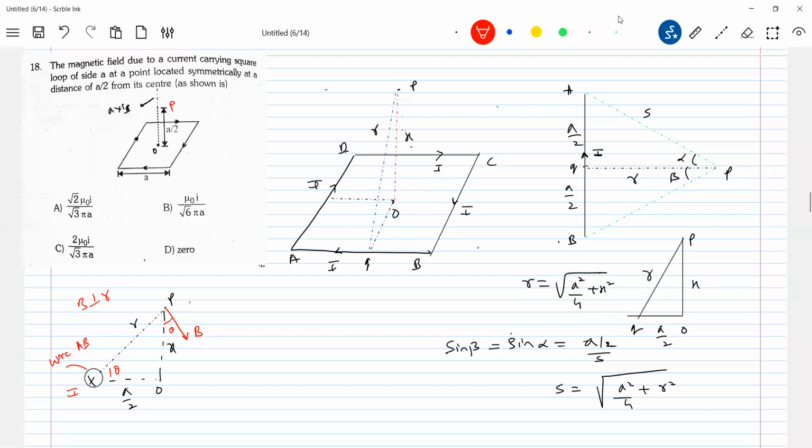I think I've given enough diagrams. Mu naught I root 3 pi A. Wait. Answer, no? Wait, I'll give the value. C option.